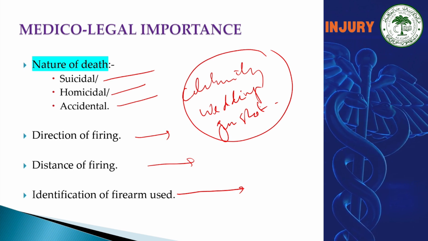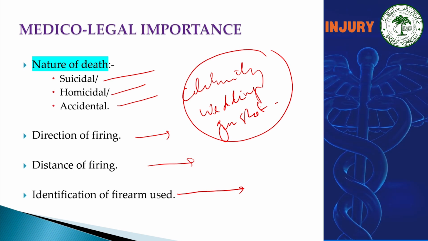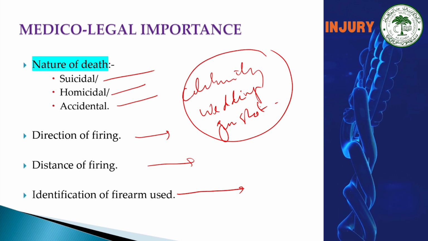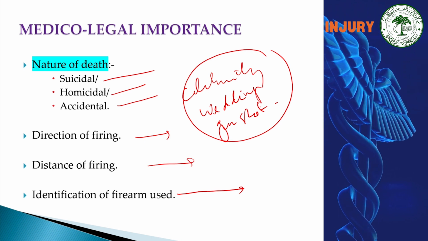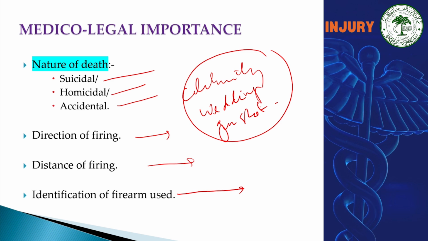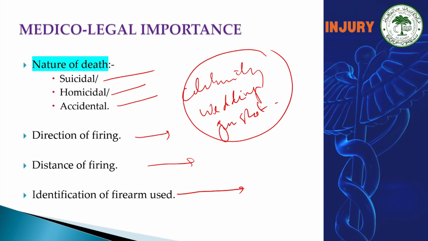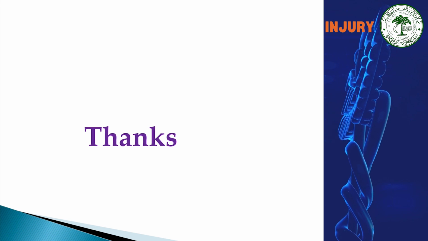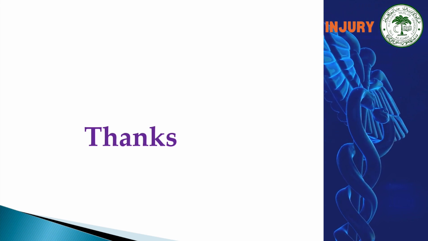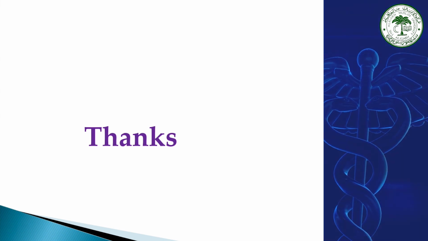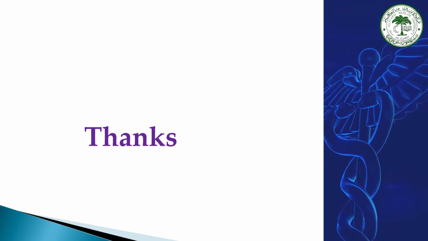We will have a very good memory of that, how the shotgun works and how the tissues are affected. In the coming lectures we will deal with the rifle weapon and other blast injuries.